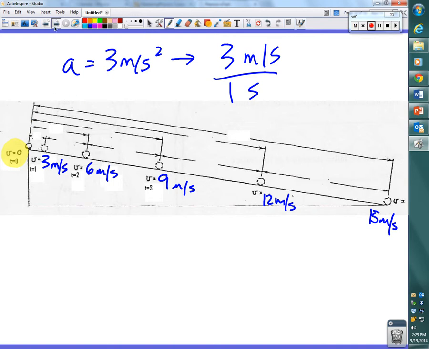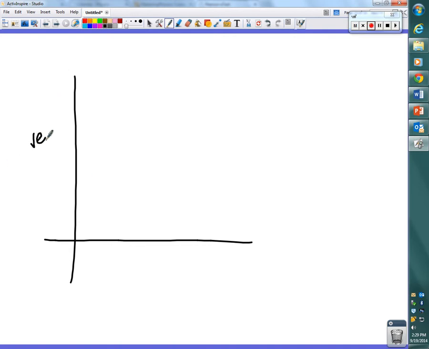Right? And we looked at, again, you guys don't have this picture, but if we looked at a velocity versus time graph for that motion, what would it look like? Okay?